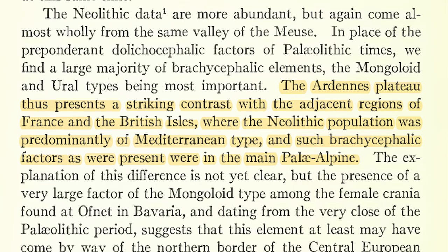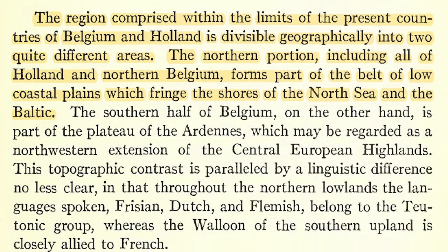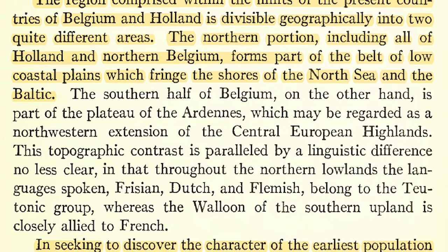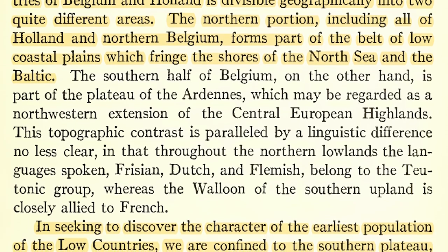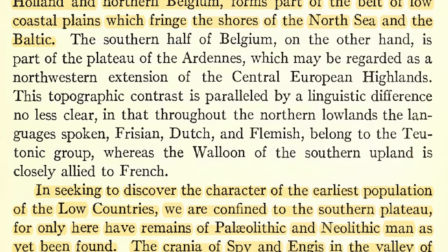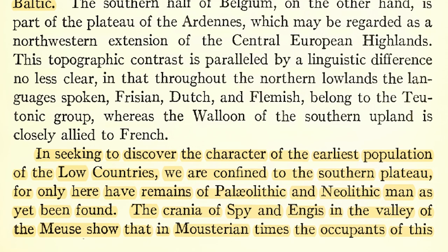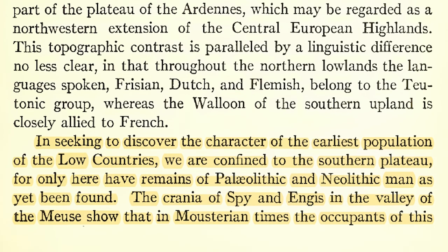Alright, so now on page 59 at the start it's giving us the geographic area, Belgium and Holland. We talk about the northern portion, all of Holland and northern Belgium. So let's get to the character of the early population of the Low Countries, which is the Netherlands.